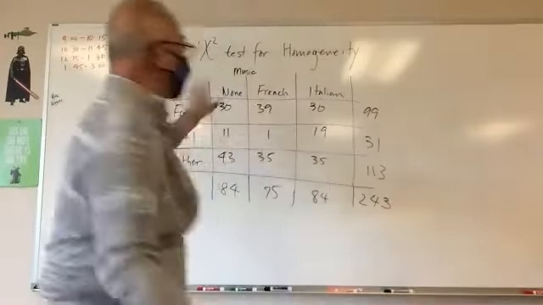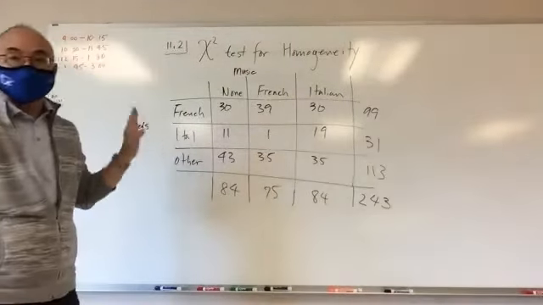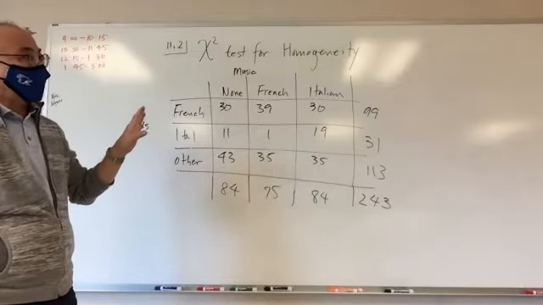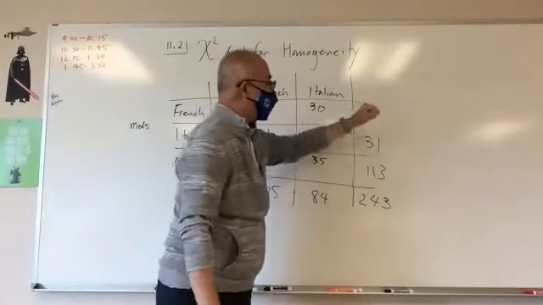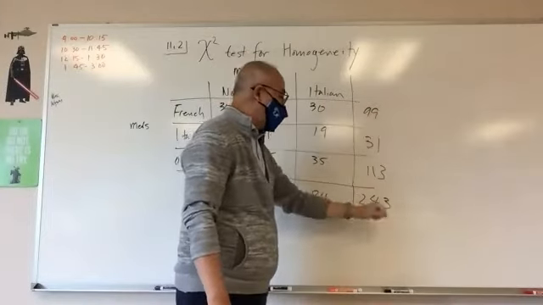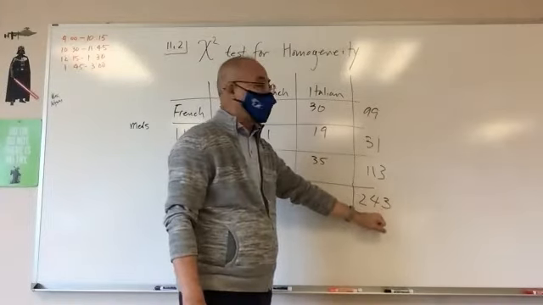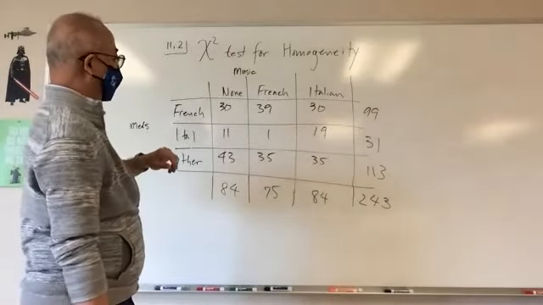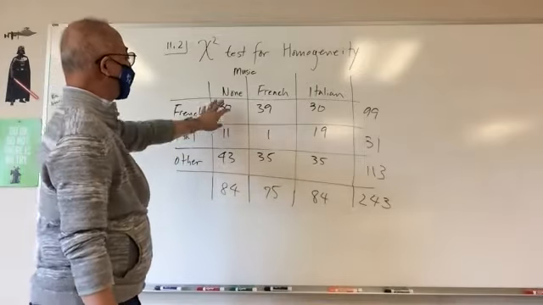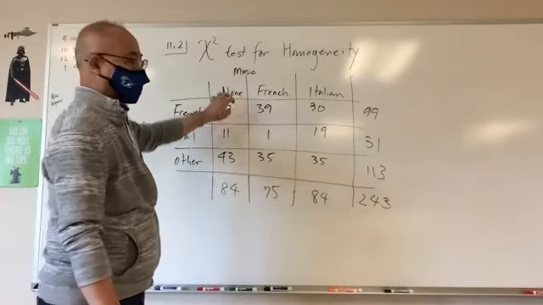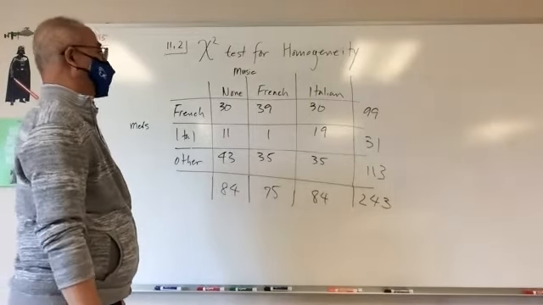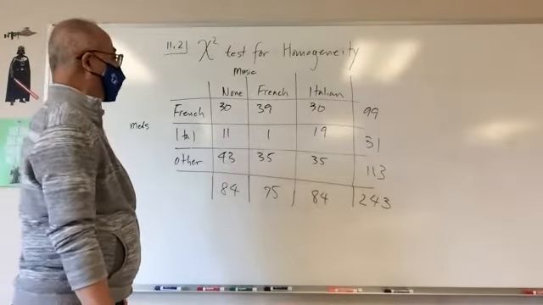if there's no correlation, no relationship between these things, then 99 out of the 243 times, so what would I expect to get here? 33? Because there's 99 there.